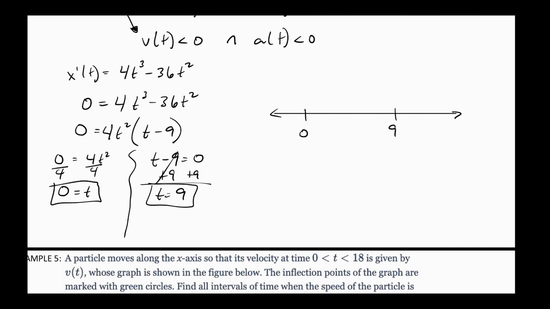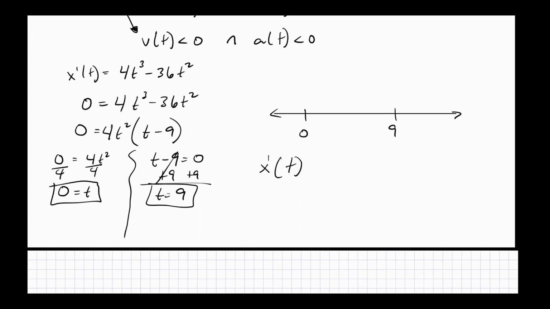I'm going to pick a number and plug it into the first derivative. Let's pick 1. You can pick any number between 0 and 9, but 1 might be easier. So plug it into the first derivative.